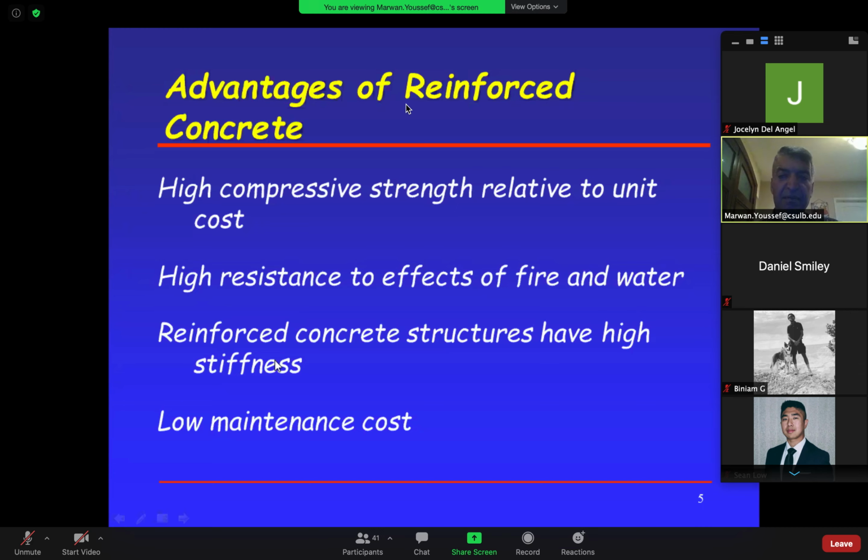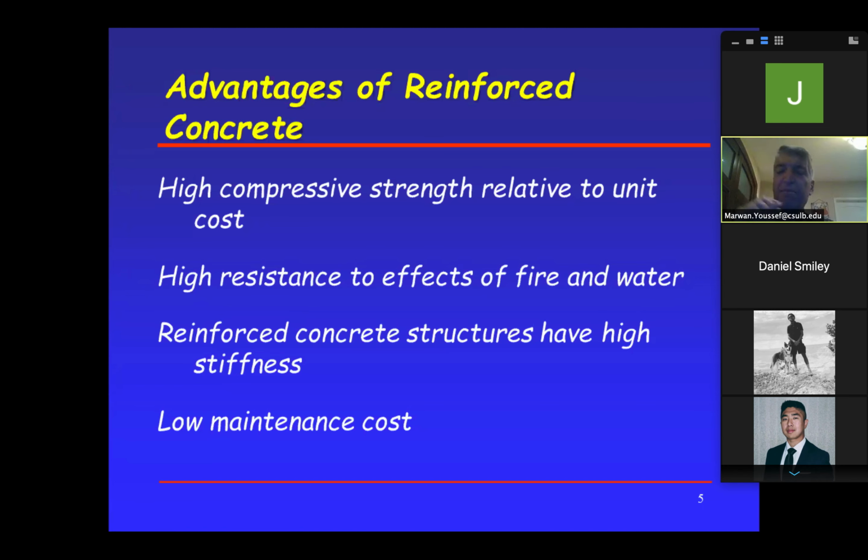Where does that make a difference? In seismic, in earthquakes. Okay, but sometimes having too stiff of a building could backfire at you. Could backfire, but you need this stiffness if you are building very high-rise buildings. That's why you see wood, you can go 4, 5, probably 6 stories.